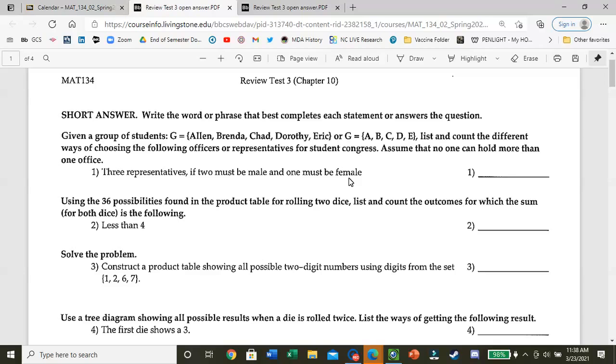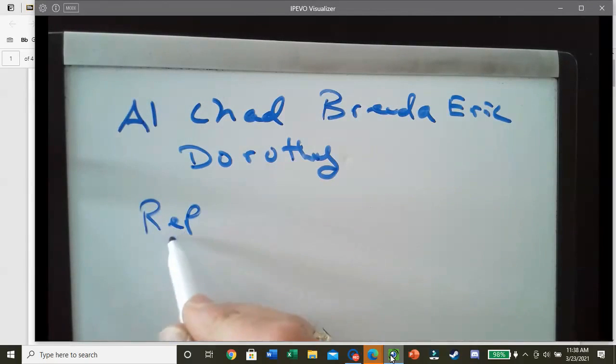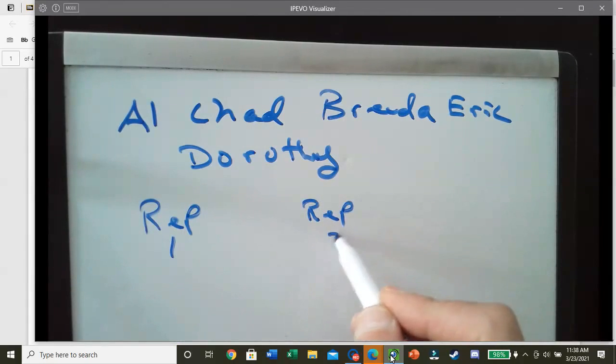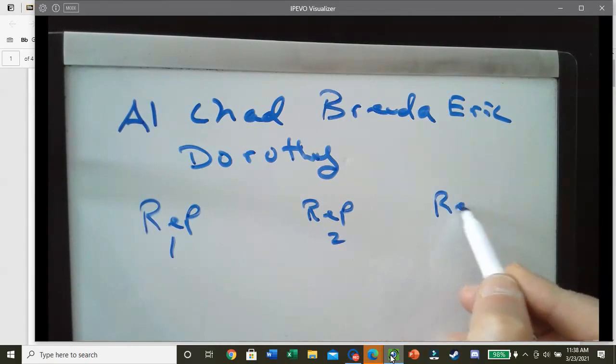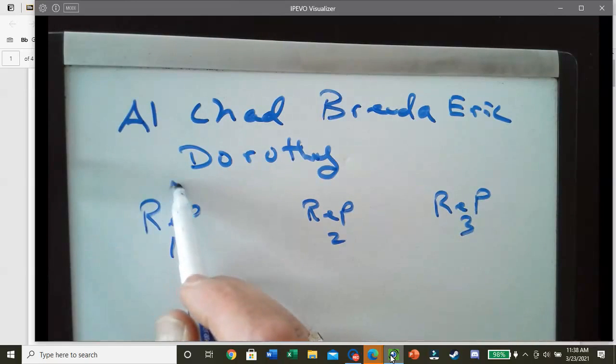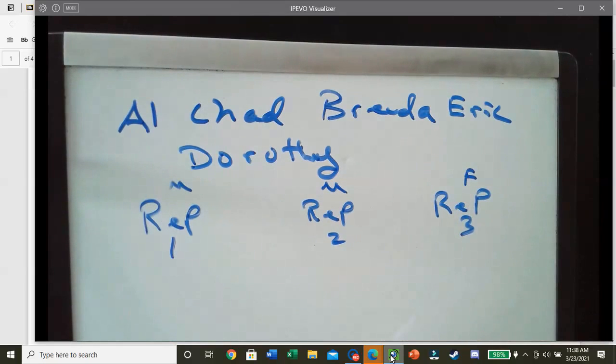Okay. And we want 3 representatives. 2 must be male and 1 must be female. Okay, so we have Representative 1, Representative 2, and Representative 3. 2 must be male, and 1 must be a female.